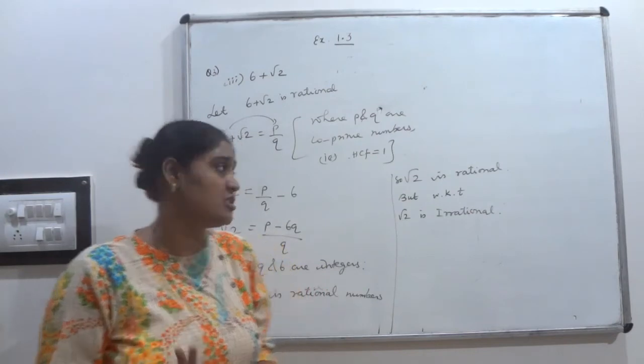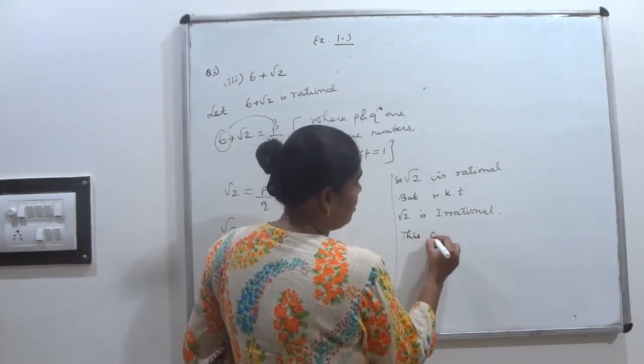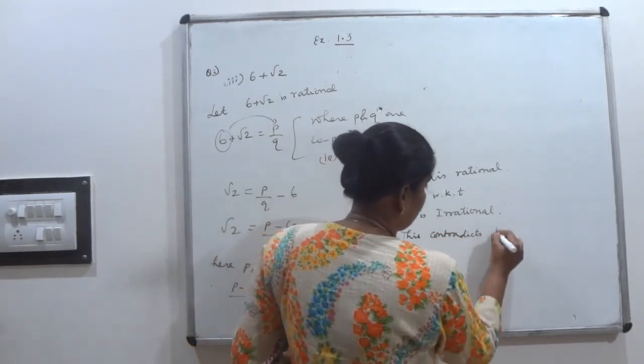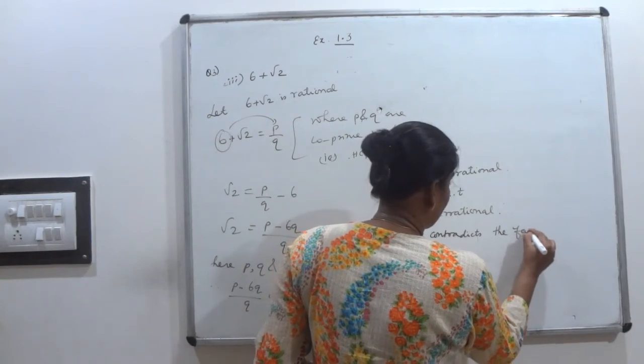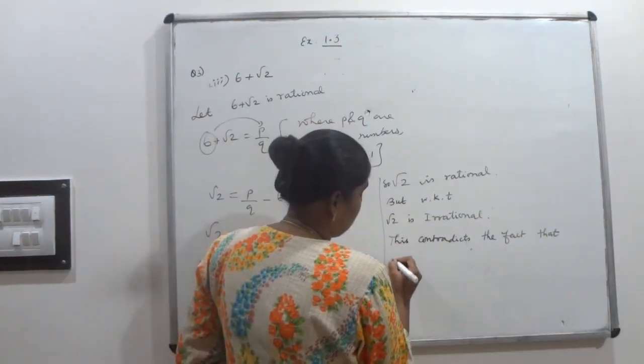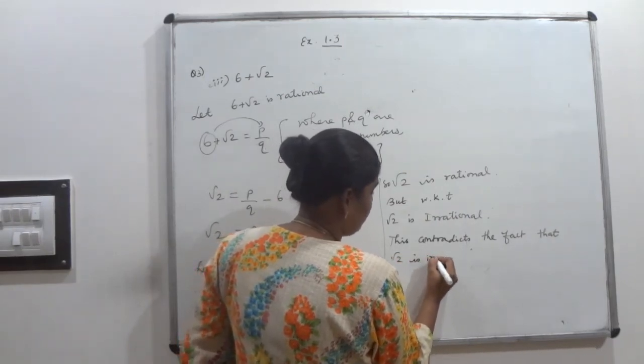Both contradict each other. So that only we are going to write. This contradicts the fact that root 2 is irrational.